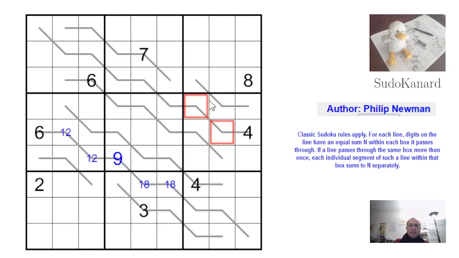Likewise, 9 can't be somewhere here because the sum here would be way too much for this cell. So 9 is excluded for all those cells, and 9 can be placed here. So this is a nice step and very important in that.